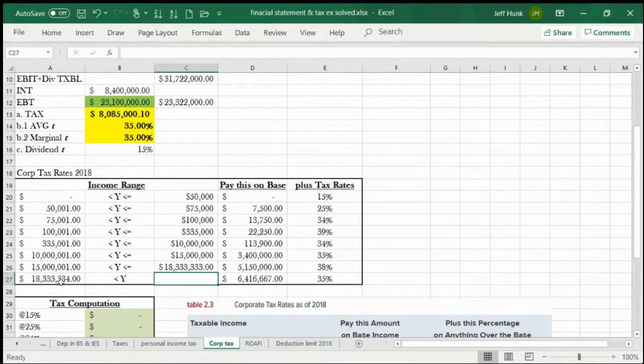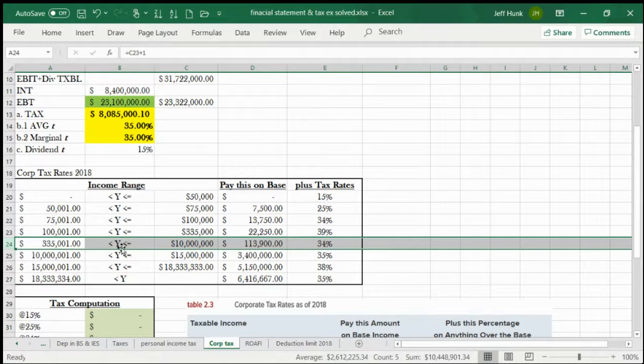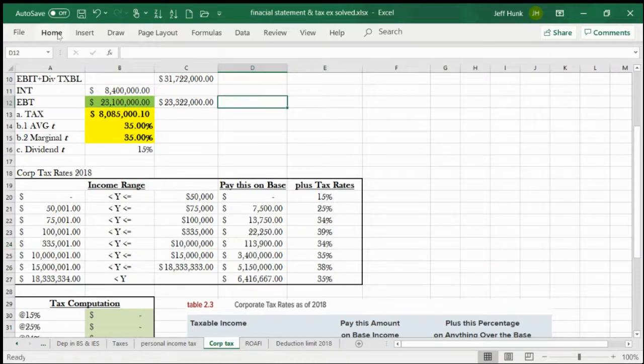So you are in the top bracket. But suppose your taxable income was somewhere between 335K and 10 million. What if it was 5 million?